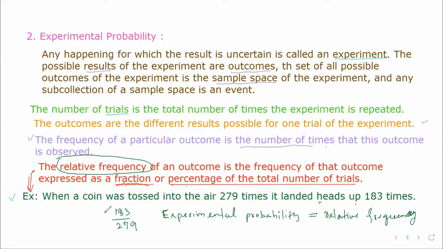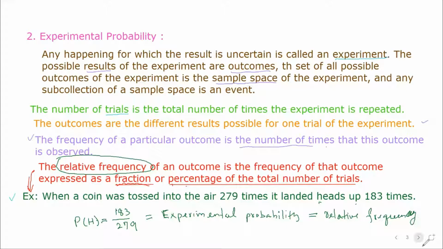So actually that means the chance we get is the probability of the event over the total. That's the meaning when you do the experimental probability. That's the result you're going to have. This becomes P of the coin landing heads up. Okay, so that's the answer.